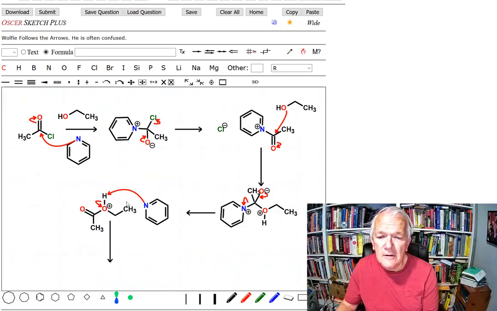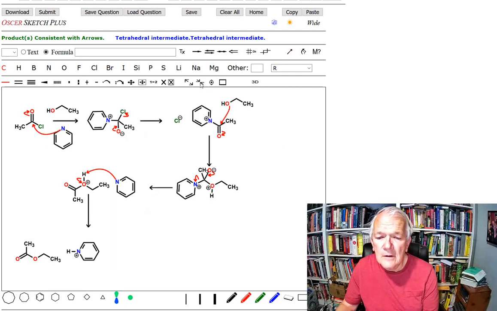I didn't have that arrow long enough. Here's our final product, the ester, and the pyridine has served as the base.